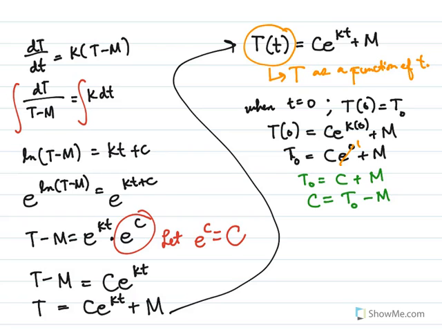Your arbitrary constant is simply the difference between the initial temperature of the body and the temperature of the medium.